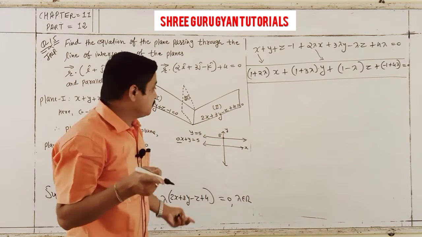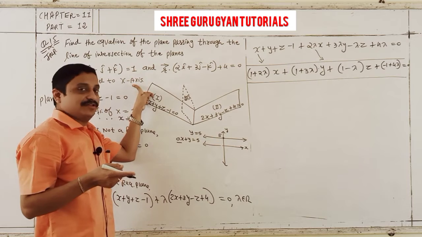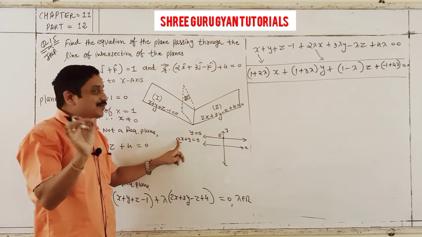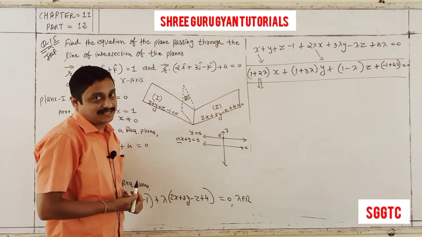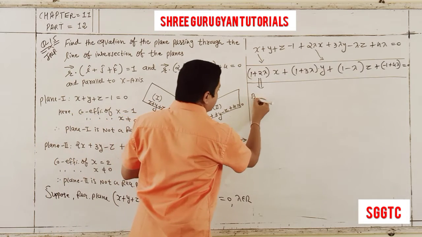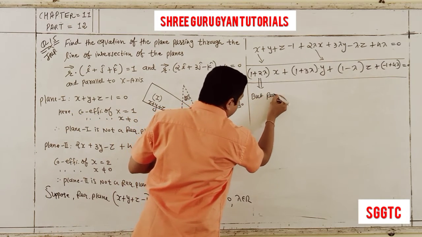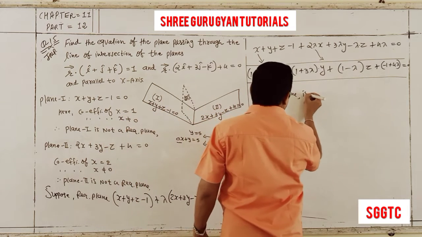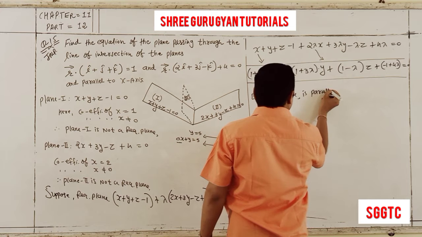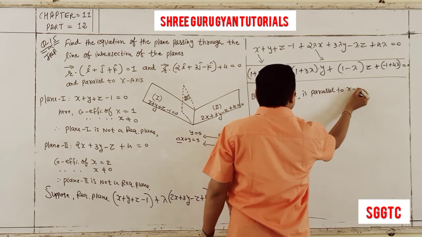But this plane is given parallel to the x-axis. It means the coefficient of x is 0. It means, students, for this value, the coefficient of x, I am taking 0. So mention here, the required plane, already given in the question, is parallel to the x-axis.